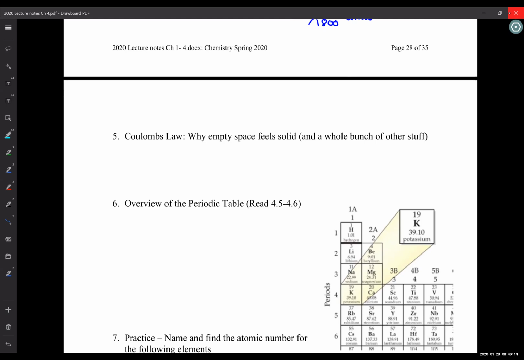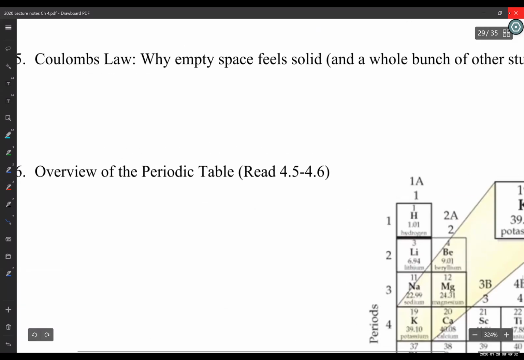Okay. So there's a thing called Coulomb's law. I'm not going to explain all of Coulomb's law to you, but basically, Coulomb's law is the law that opposites attract and like charges repel. So what we have in matter, and your book draws a little picture I didn't really like, so I didn't use it, is that you have positive charges and negative charges in an atom, and those are associated with each other.